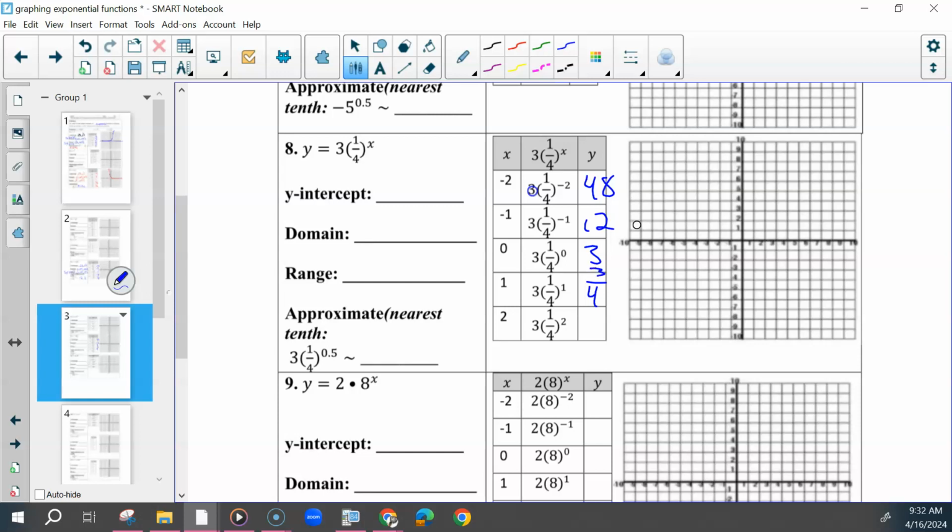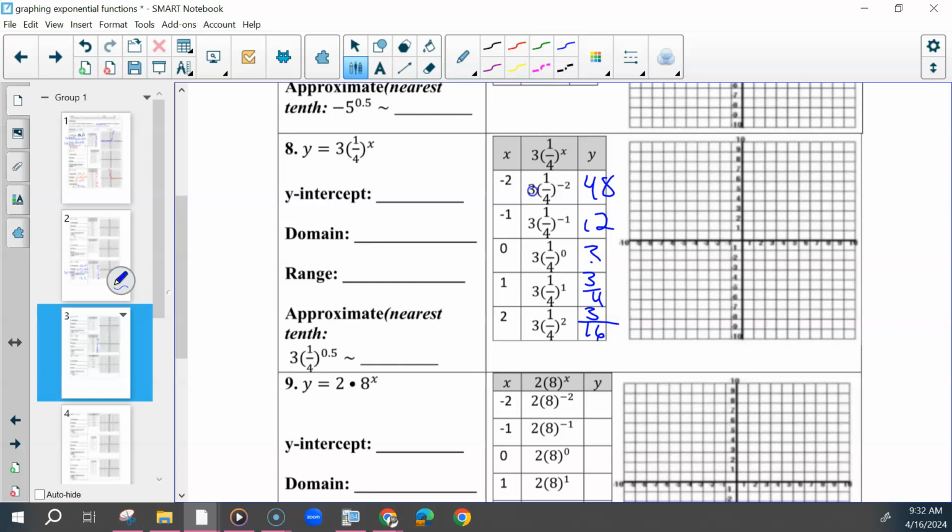So each time we're doing what? What's that pattern? Divided by 4. So divide by 4, divide by 4. If I divide this by 4, I get a fraction. If I divide this by 4, that would be the same as multiplying by 4, which would be 3/16.